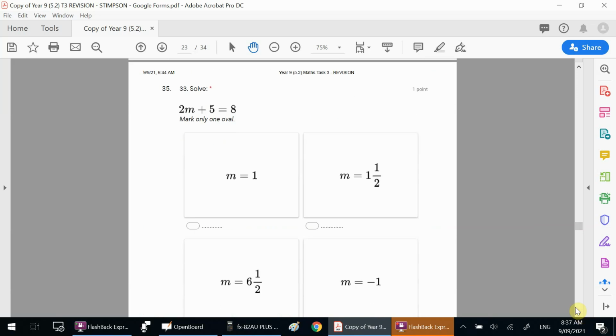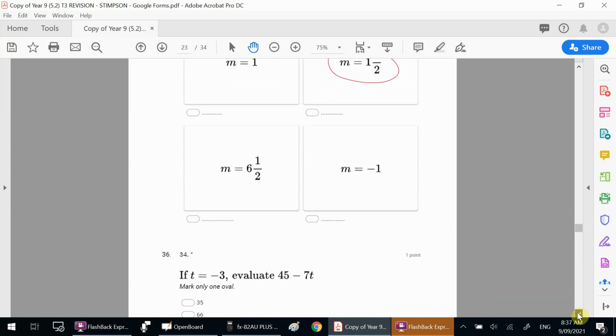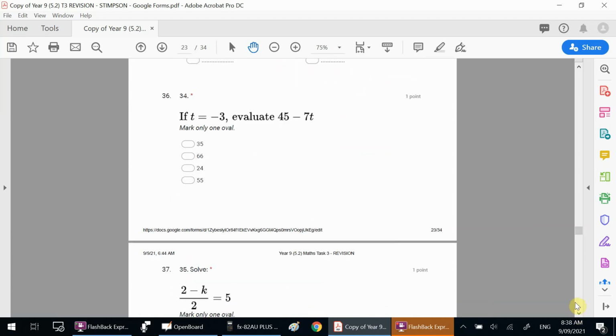2m plus 5 equals 8. Take 5 away, leaves 2m equals 3. Got to take 5 away. Divide by 2, m equals 3 on 2, which is 1.5. T equals minus 3, evaluate that.